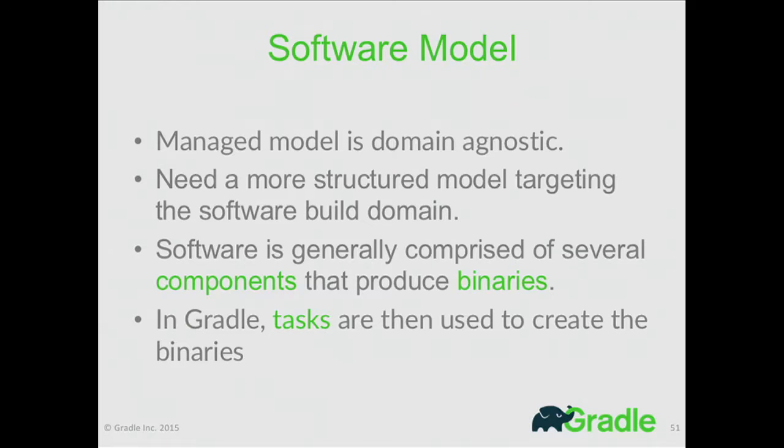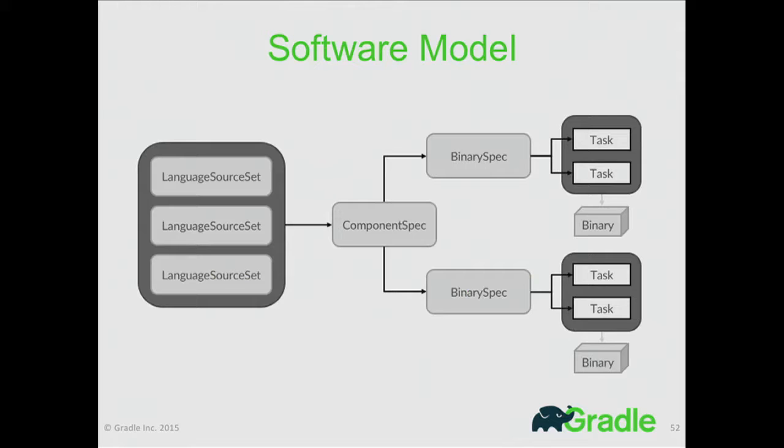Very simply, software is generally comprised of components, and components can produce one or more binaries. And then in Gradle land, tasks are what finally pump out the binaries. There's going to be some task produced for creating a particular binary. So it looks something like this, where I have a component. An input to that component is source, and it could be any number of sources. It could be C and C++ source, or Java and Groovy source in the case of JVM space.